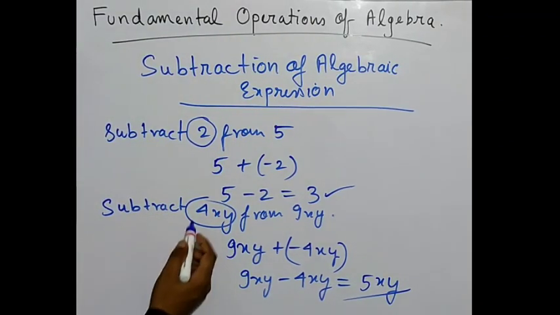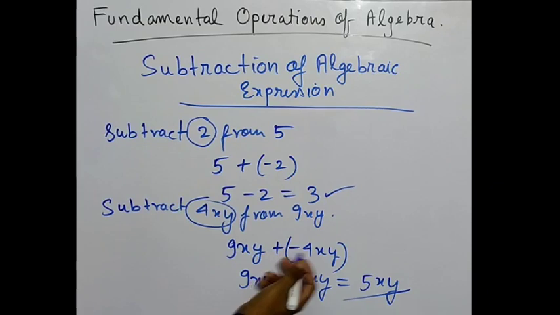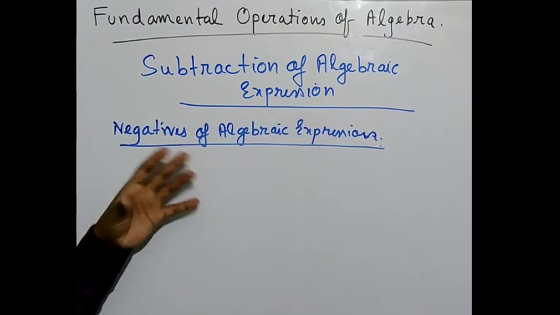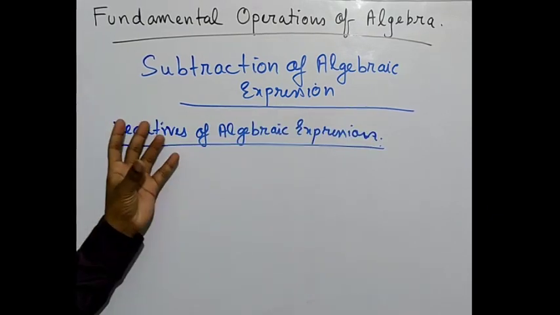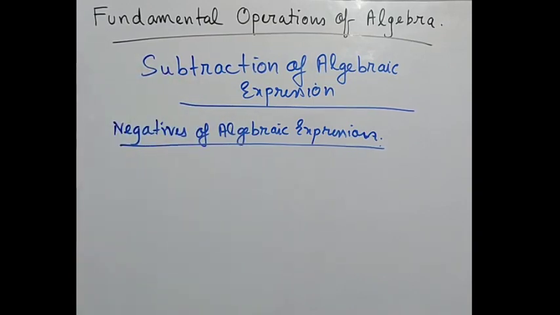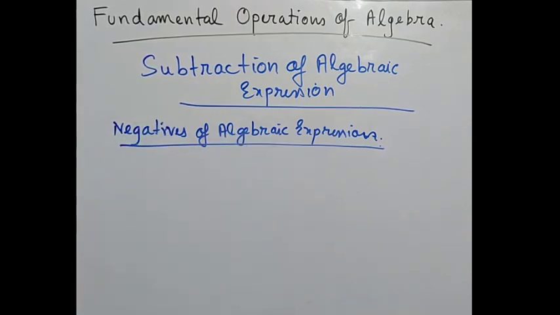Now if it was supposed to be a negative expression, we could have changed it into a positive symbol and added it, right? Now what do we basically do when we subtract any term? We change the sign of that term and then add it with the minuend, that is the term from which we are asked to subtract.